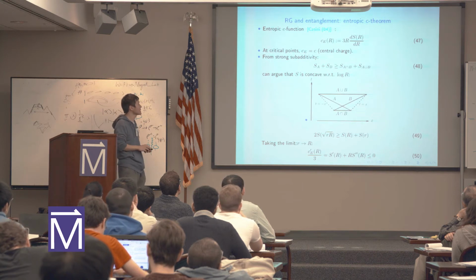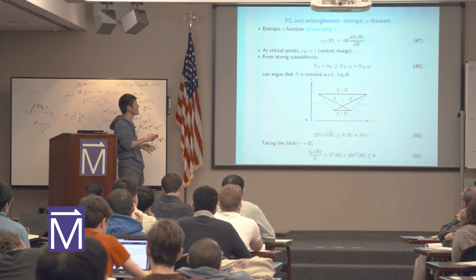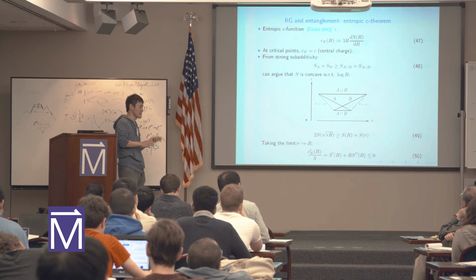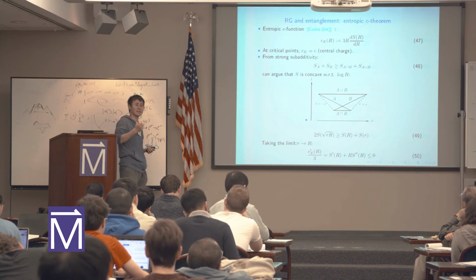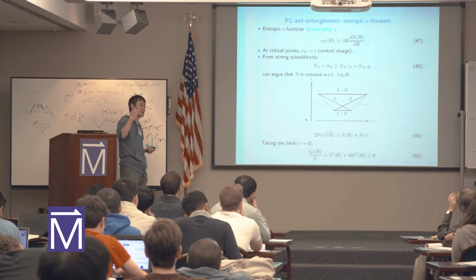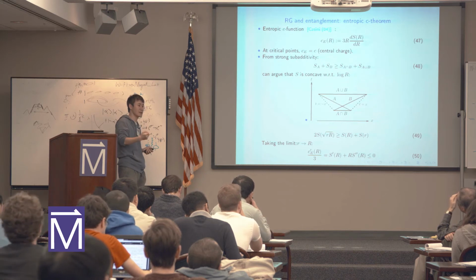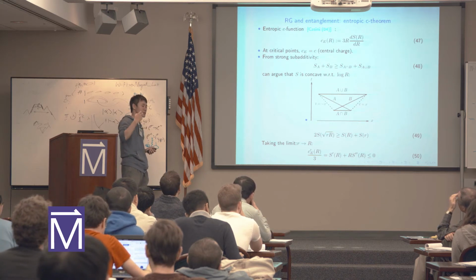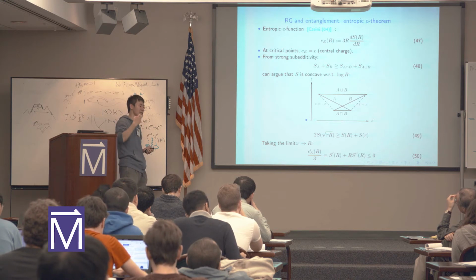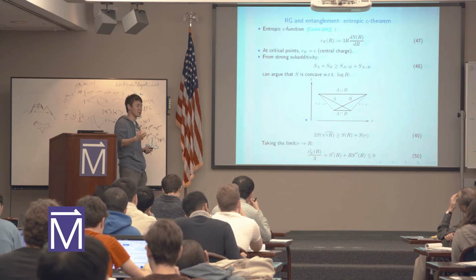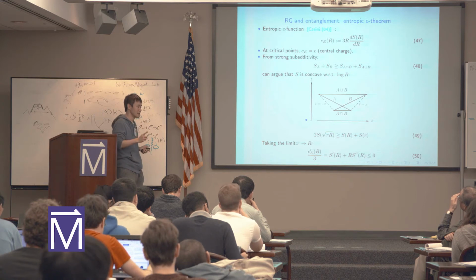This idea was first explored by Zamolodchikov. There's something called the Zamolodchikov C function. It is a function of the length scale, so a function of the RG time. And that function agrees with the central charge at the critical point. That's point number one.